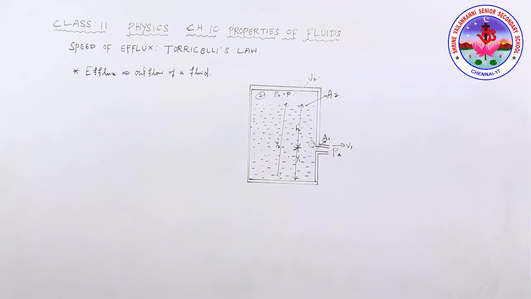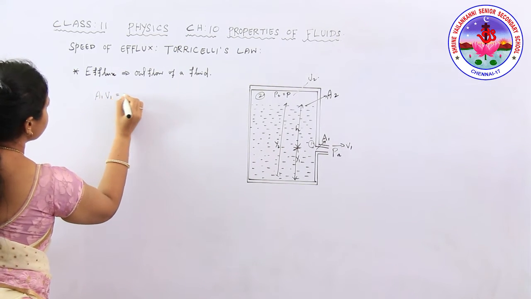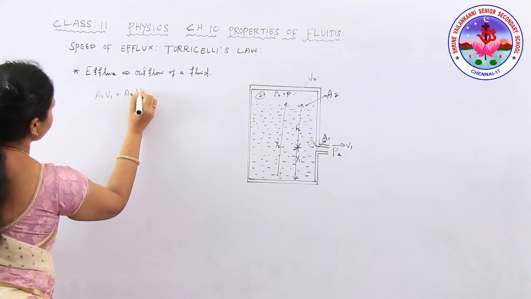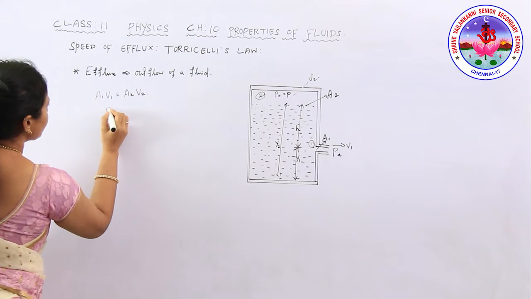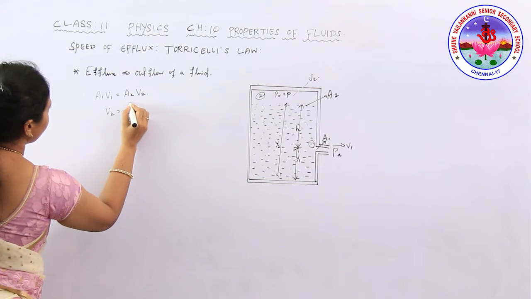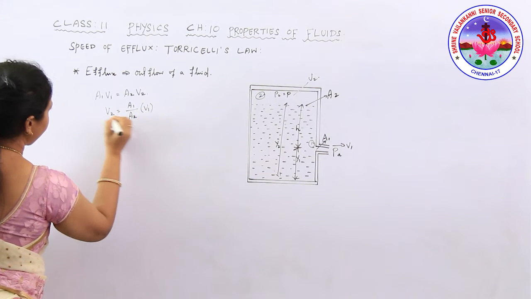Now, as per Torricelli's law, the principle of continuity or the equation of continuity we have seen through Bernoulli's theorem. So from Bernoulli's theorem, we get A1 V1 equal to A2 V2. So we want to know about this velocity 2. So V2 is equal to A1, area 1 by area 2, into V1.